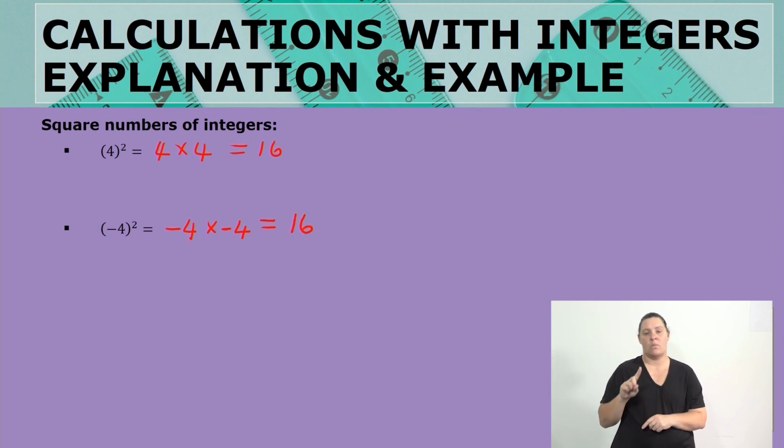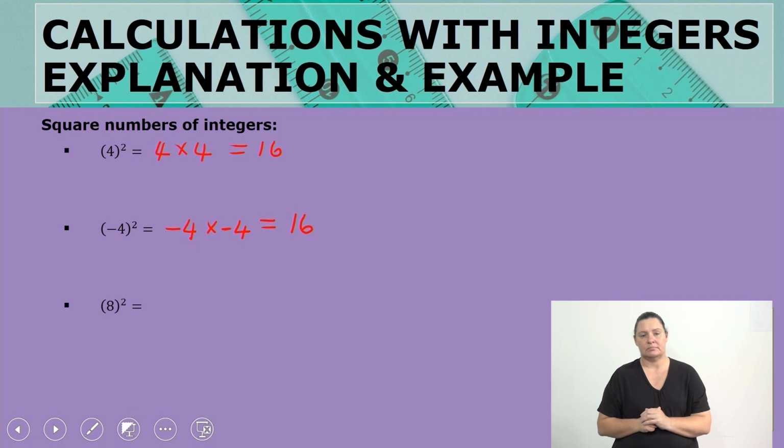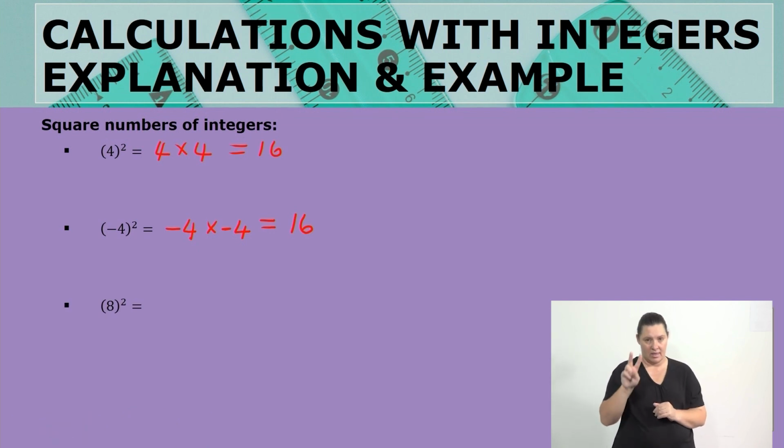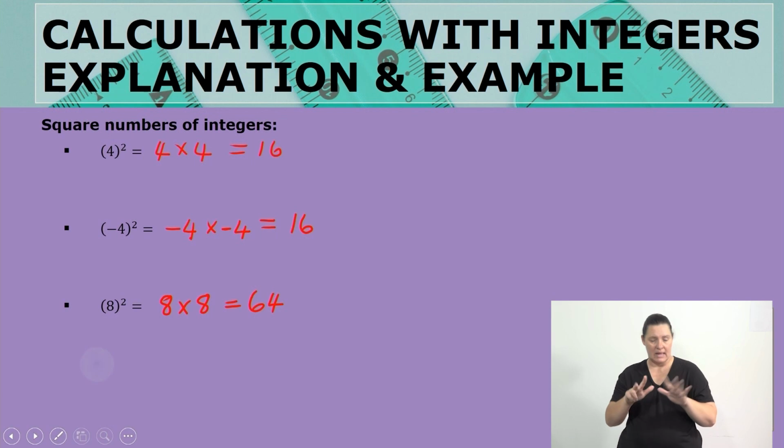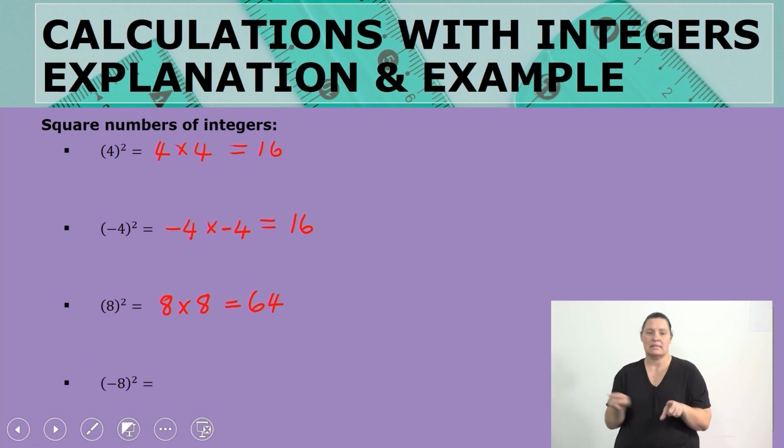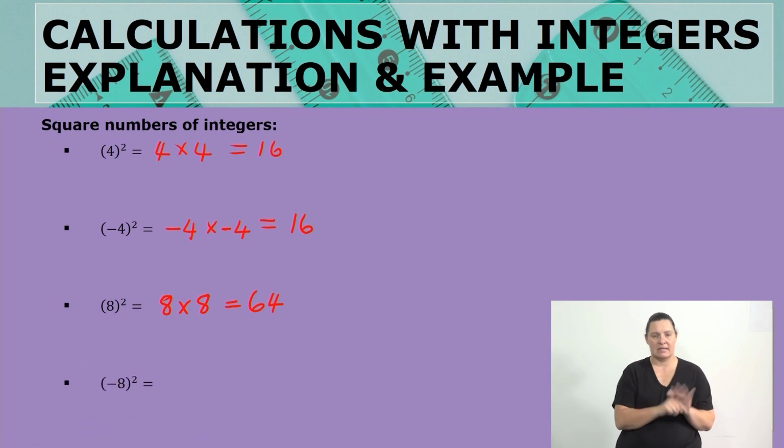If I am squaring a positive 8, that is 8 multiplied by 8, and we know the answer is 64. The same goes for if I am squaring a negative 8.